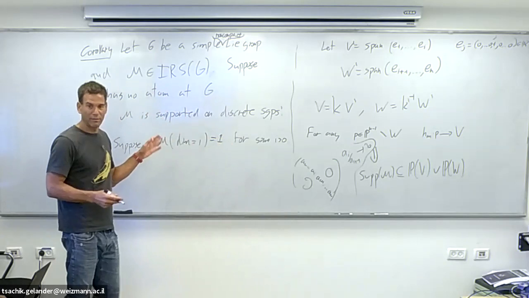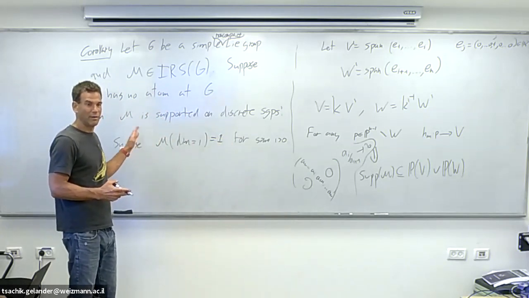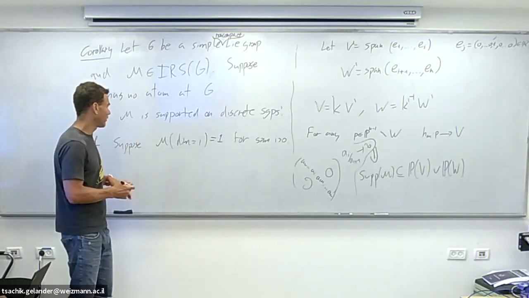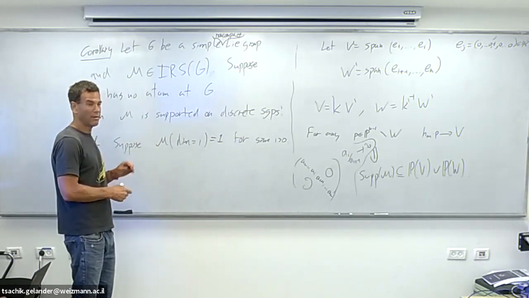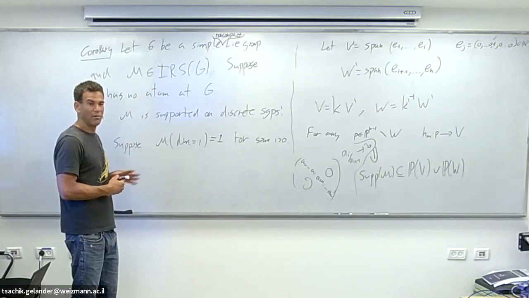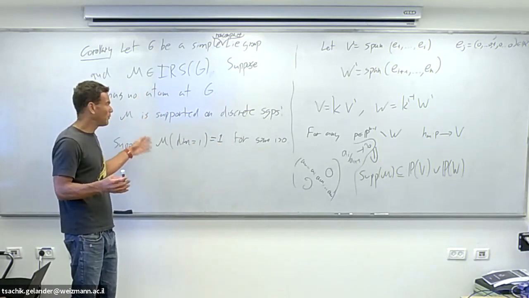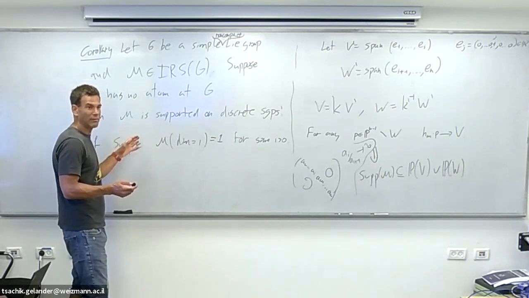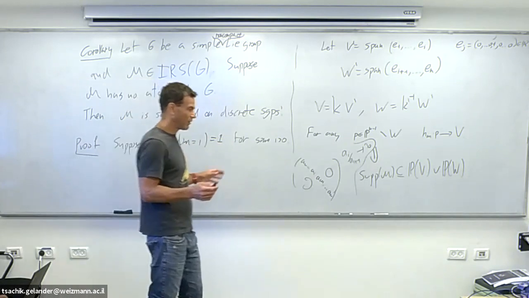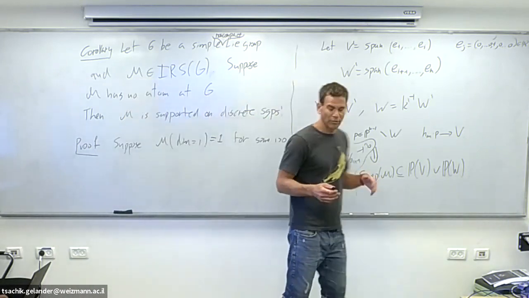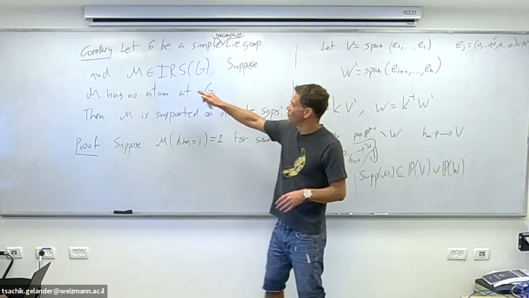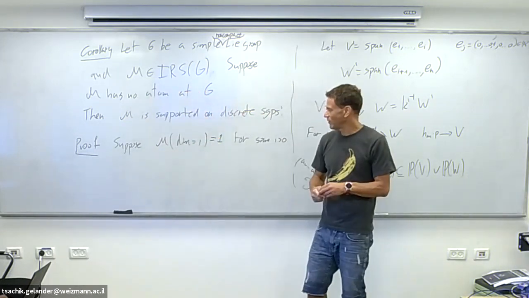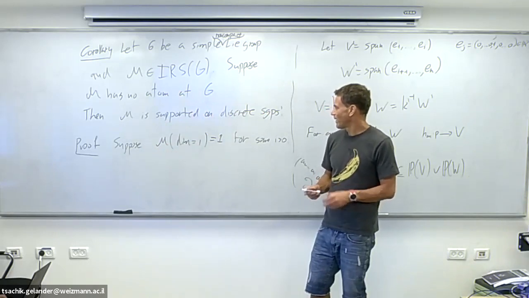If it's not 0, I can normalize it so it's 1. Do we need ergodicity for that? No, we don't need ergodicity. It's just an invariant set, so I can restrict. If you want, you can assume that mu is not a probability measure, but anyhow, this is the assumption.